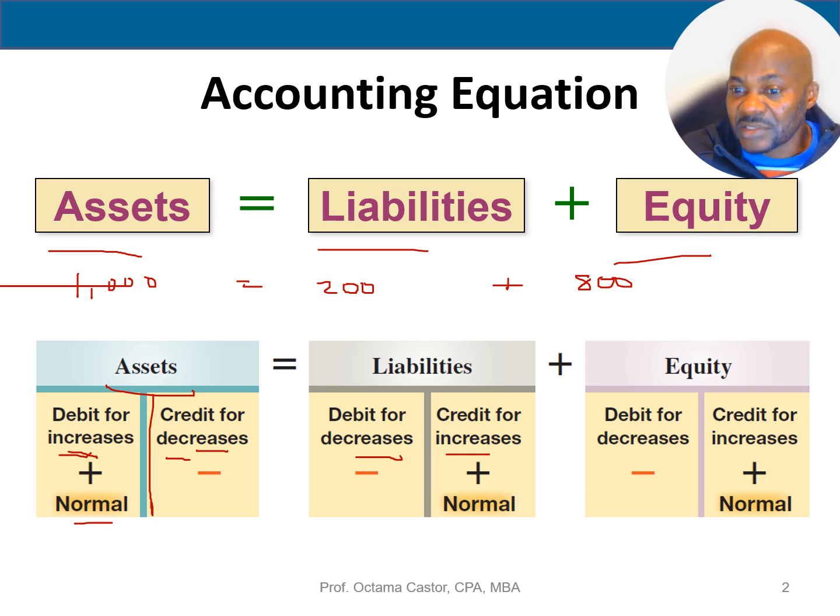Liabilities, the normal balance is a credit. So you would always want to see a credit balance in a liability account. Same for equity. You don't ever want to see a debit balance in your equity account. Think of the equity account just like your checking account. Do you ever want to see a debit balance in your checking account?